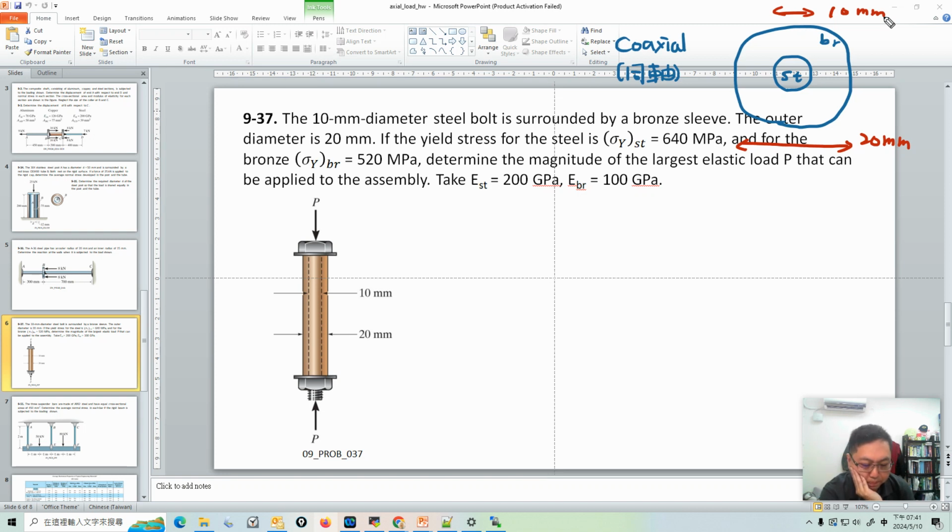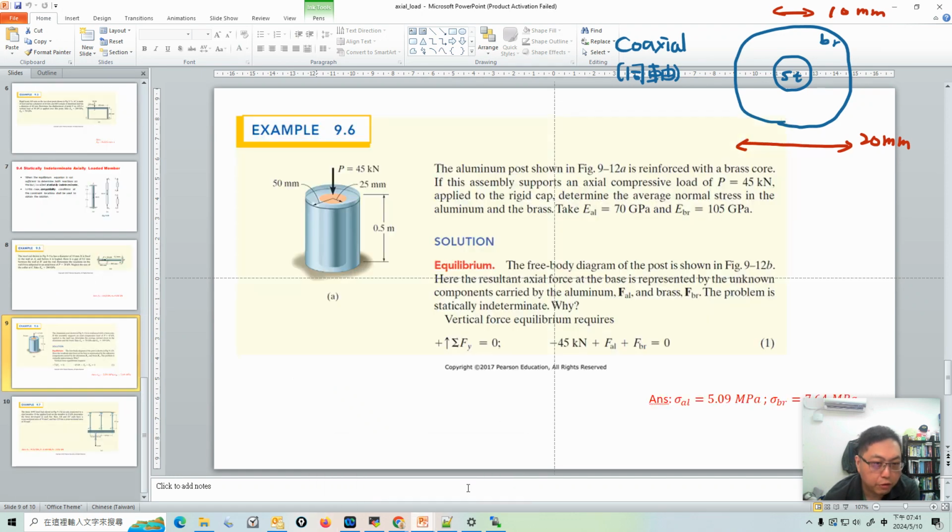Let's look at this coaxial structure. This problem is very similar to example 9.6, and I had already made the video for example 9.6. You can look it up and find the video. I won't repeat this example one more time.